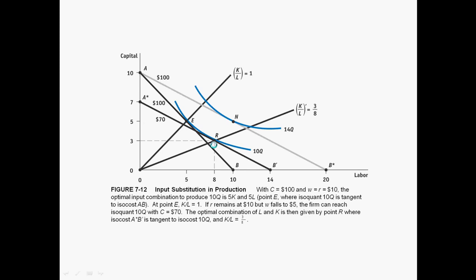So we move from E to R. We lay off a bunch of capital, make different plans, maybe we sell it off, whatever happens to it, but we stop using so much capital, stop renting it. Maybe if we were renting it, we just terminate the lease on some of that capital, and we also employ more workers, employ 3 more workers.